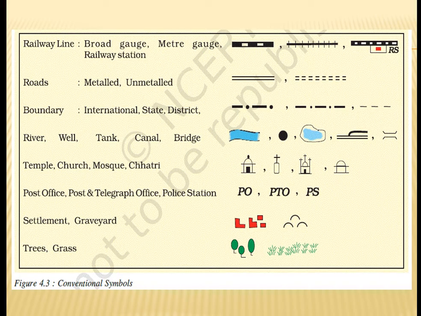This is figure number 4.3 from the textbook, speaking about the conventional symbols which are universally accepted. So please revise this one. Please see figure number 4.3 very clearly, where the railway line, roads, boundary, river, temple, post office and settlements, trees, grass are shown.